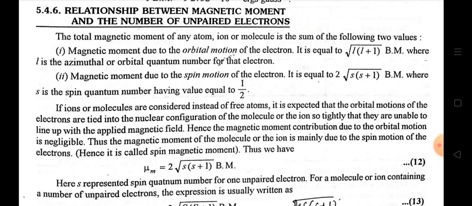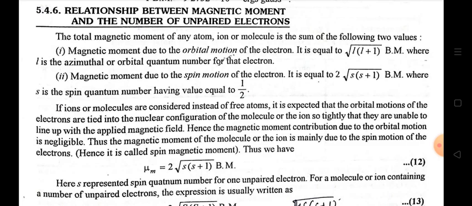If ions or molecules are considered instead of free atoms, it is expected that the orbital motions of the electrons are tied into the nuclear configuration of the molecule or the ion so tightly that they are unable to line up with the applied magnetic field. Hence, the magnetic moment contribution due to orbital motion is negligible. Thus, the magnetic moment of the molecule or the ion is mainly due to the spin motion of the electron. Hence, it is called spin magnetic moment.